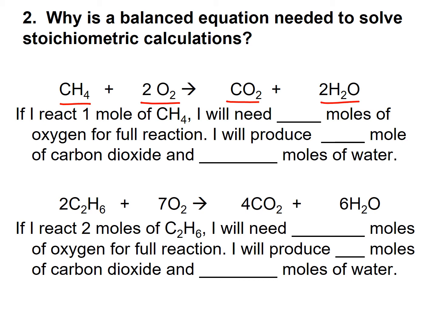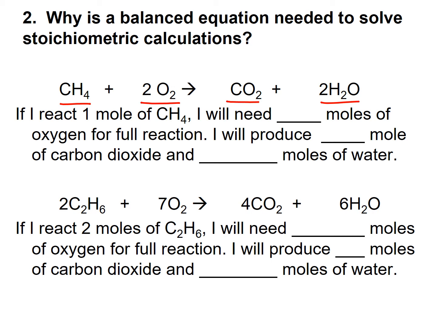You could also say, because it keeps the ratio the same, that I react a dozen methane molecules with 2 dozen oxygen molecules to produce a dozen CO2 molecules and 2 dozen water molecules, okay? But remember, a mole is the same as a dozen, it's just a counting word. So I can also say that I react 1 mole of methane with 2 moles of oxygen to produce a mole of CO2 and 2 moles of water, okay?